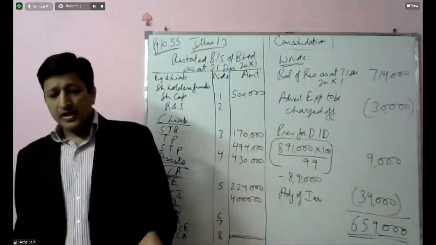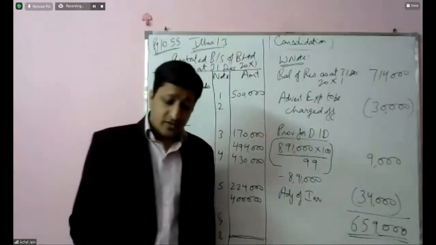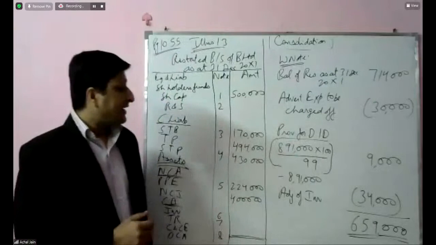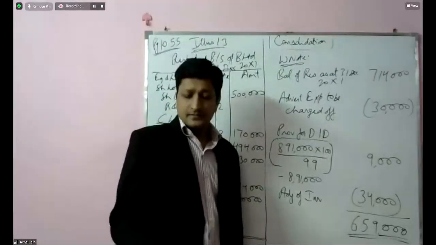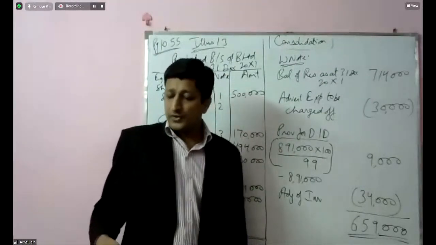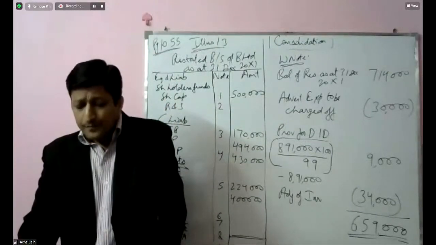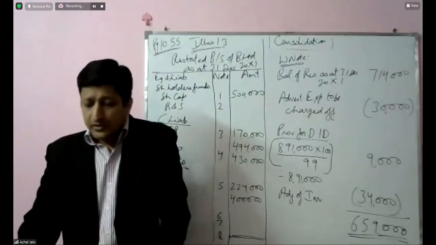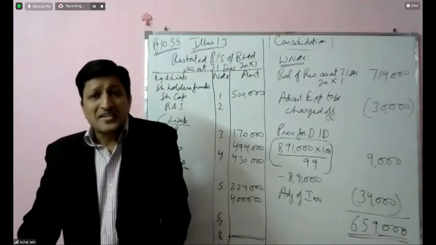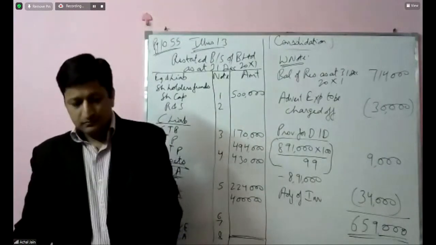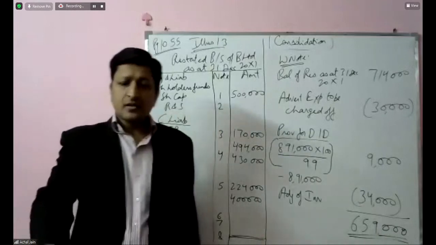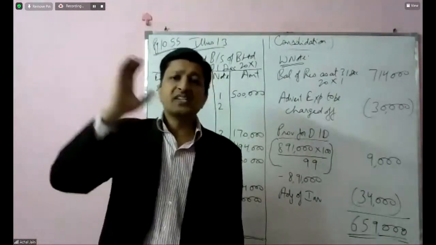Okay, Shamim is saying, sir, one more adjustment, that is on inventory. See, inventory adjustment is direct. Read the information of the question. The question says, A Limited values inventory on a basis different from B. Whatever is the basis, policies are different.